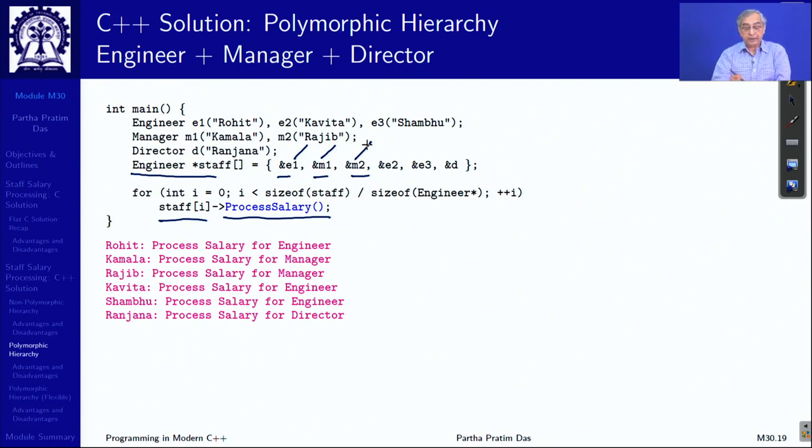Third again manager, fourth again engineer, fifth engineer, sixth is director. So, it will invoke process salary for the director. So, you can see how drastically things have got simplified, compacted, and there is a step jump in terms of the quality of design that we have got with this refinement.